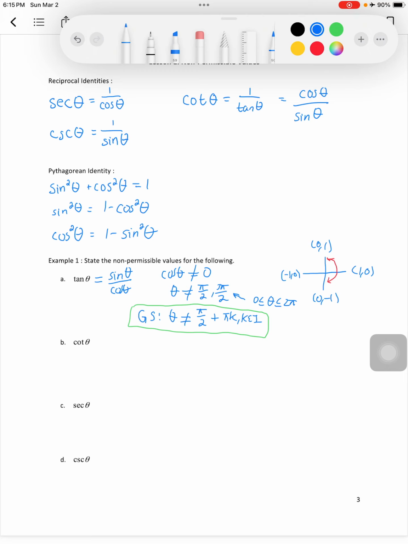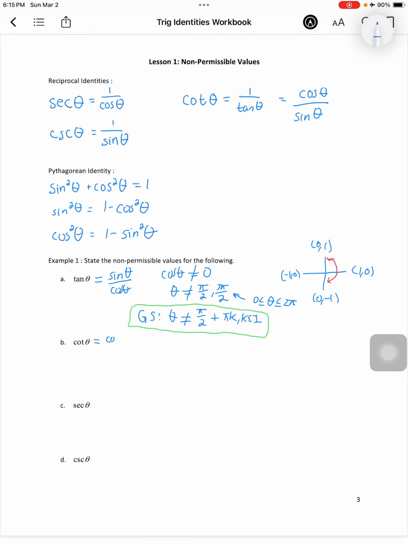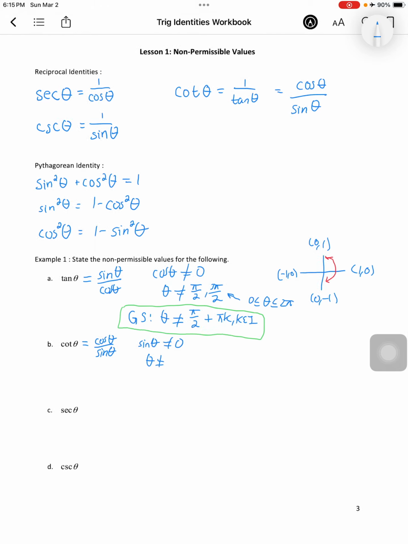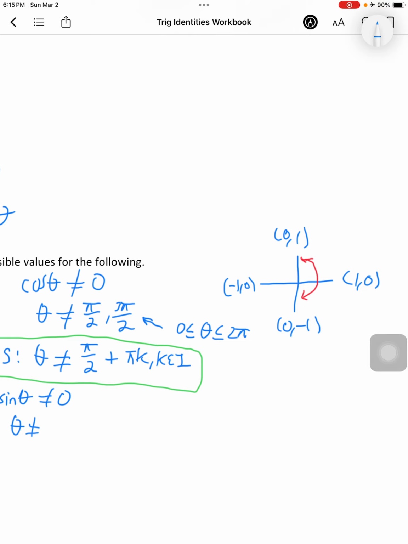Now, for cotangent. Cotangent is the reciprocal of tangent, so it's going to be cos theta over sine theta, and that means sine theta cannot be equal to 0 because our denominator cannot be equal to 0. So theta cannot equal to what? So here, where are our y values equal to 0?